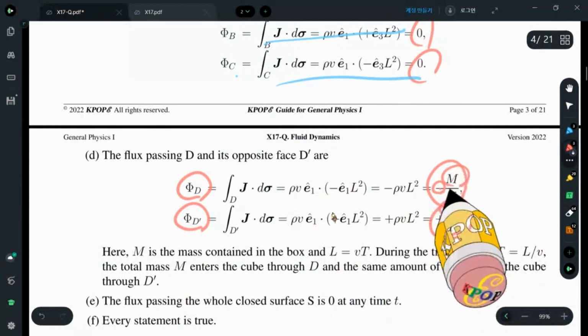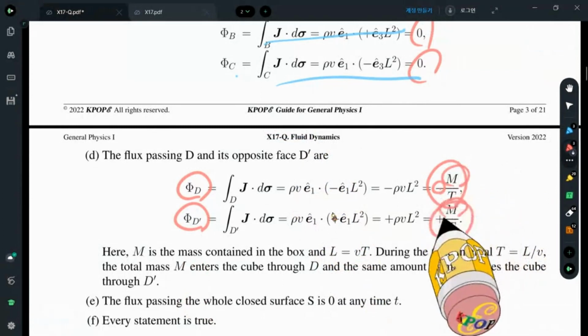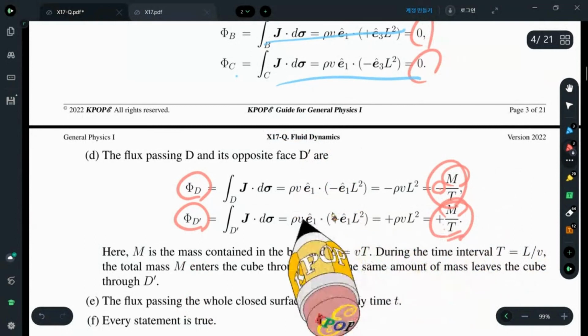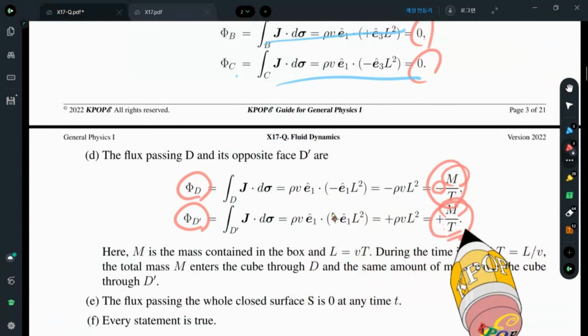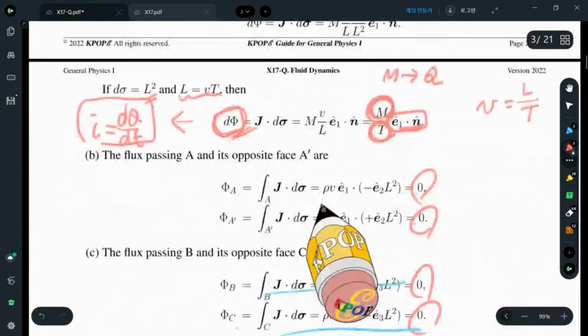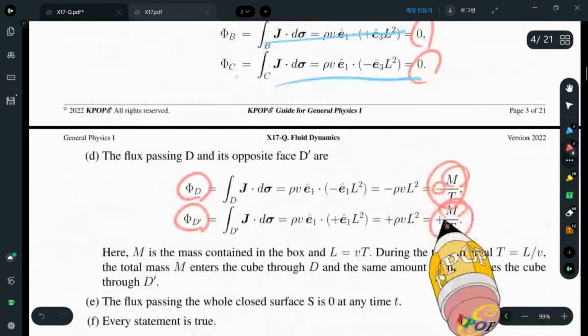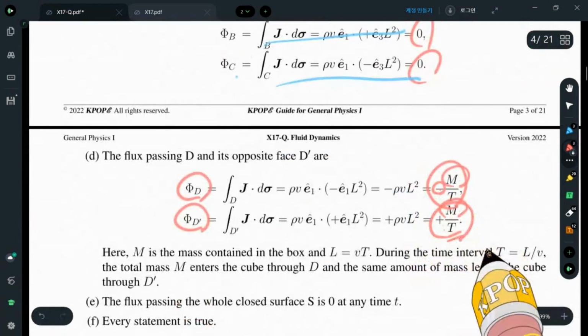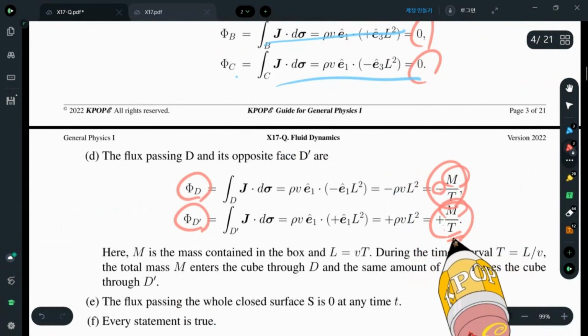They are the same in magnitude but opposite direction. So if you sum everything together, you will find the change of mass inside the volume during the period t. However, the total sum is 0. So the mass inside the box is invariant.